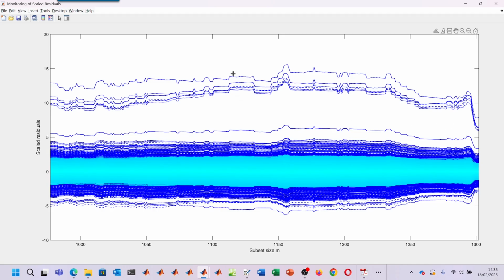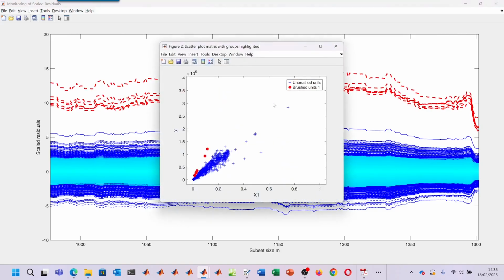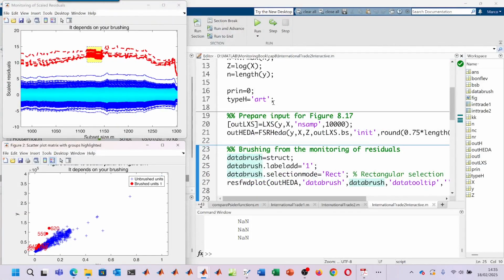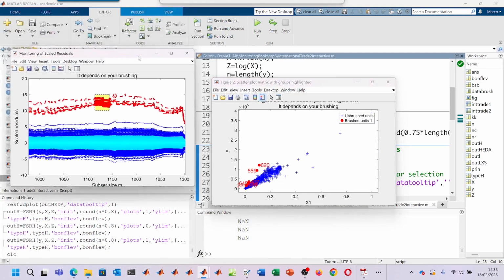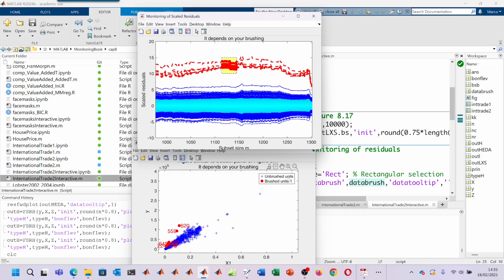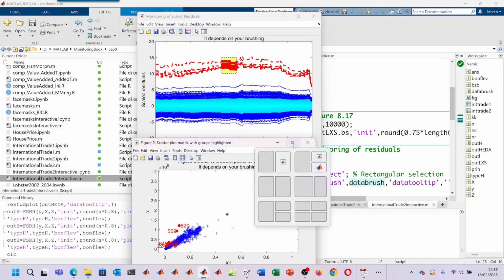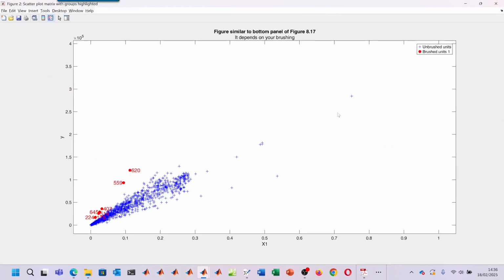Now, if we want to see these units, we brush them and then we see their position in the y-x plot. When we plot the highlighted units in the scatter plot of the data, we see that the location of these extreme observations, 5, are at very low values of x, and so are unlikely to be important in the detection of financial irregularity.